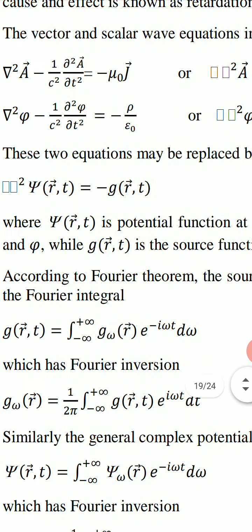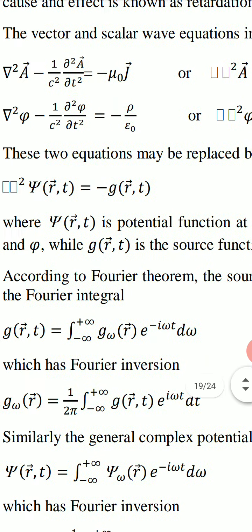These are the wave equations for vector potential A and scalar potential phi. Here the D'Alembertian is equal to del square minus 1 upon c square d2 by dt square.